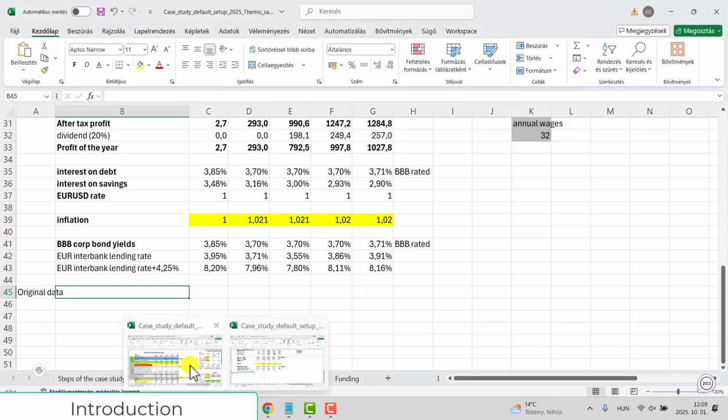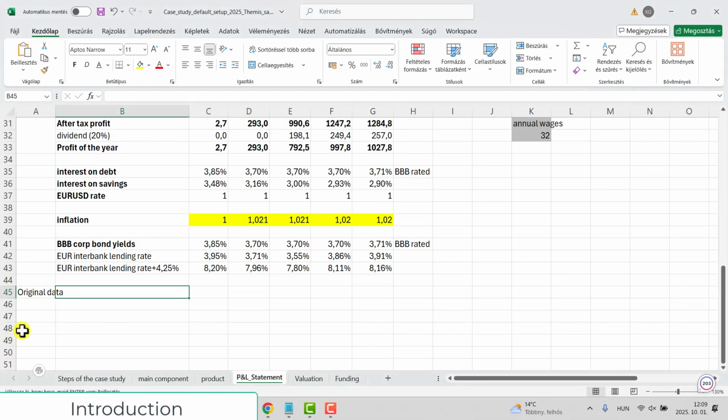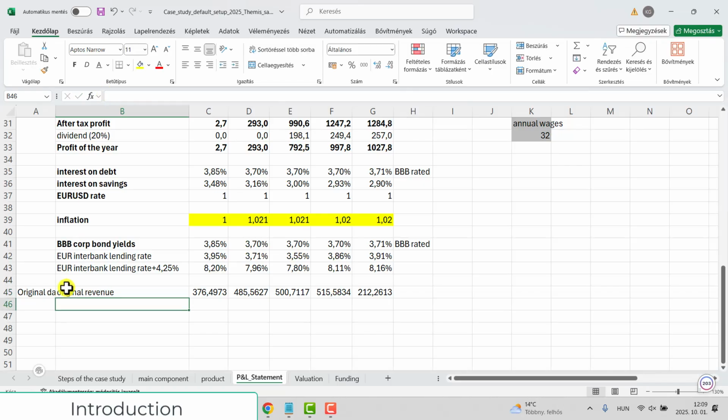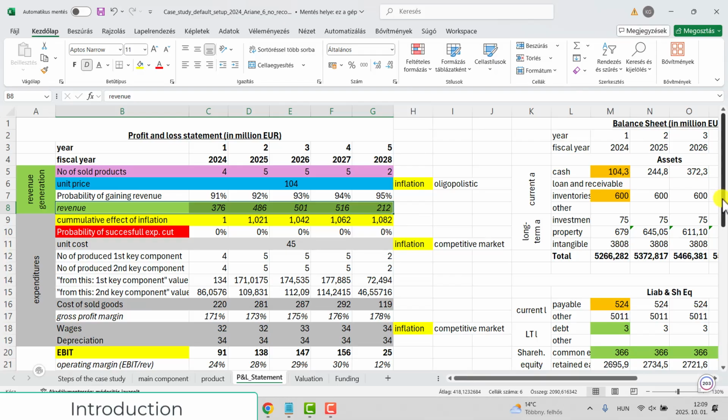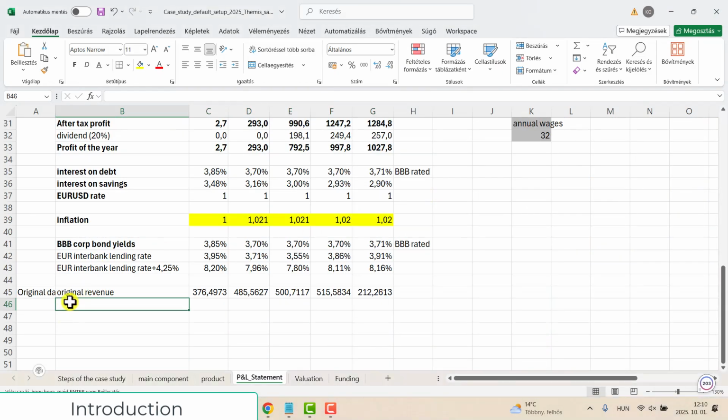So can we say that people also prefer to report revenues. So original revenue. Then obviously we have to show or indicate what happens with the operational profitability. So yeah, EBIT.